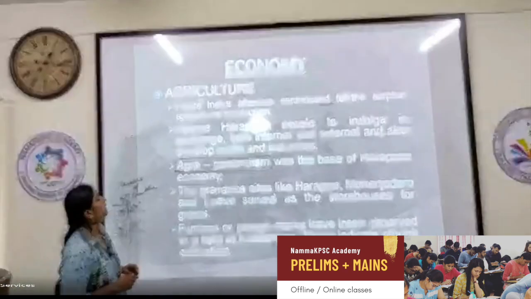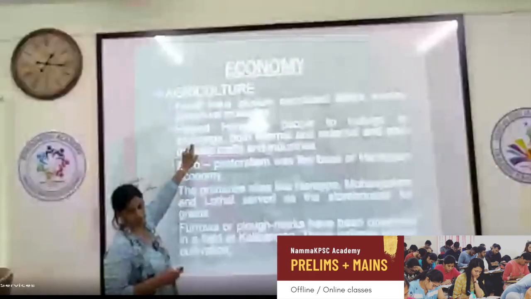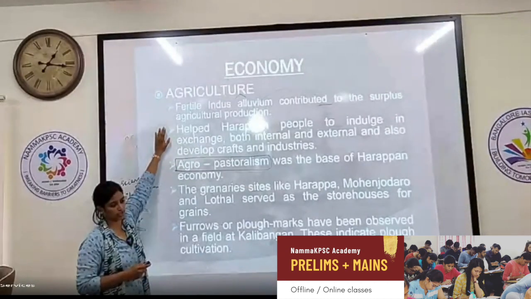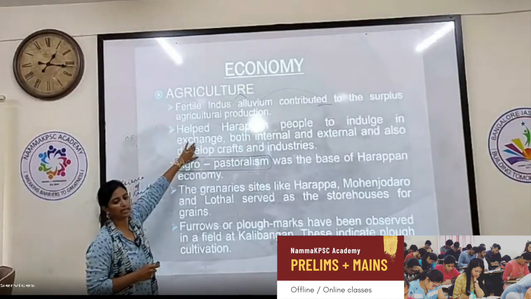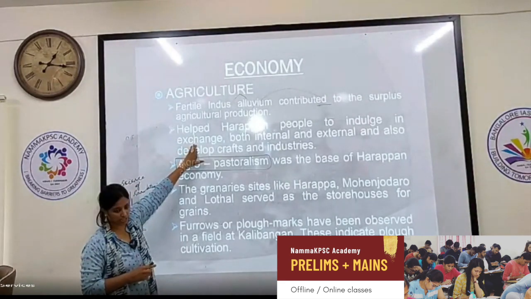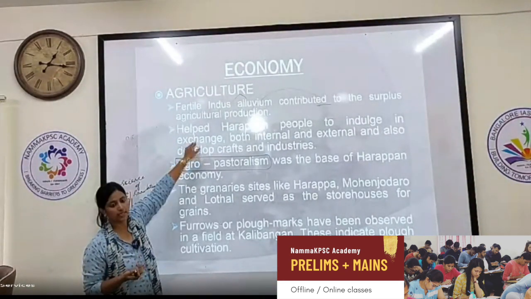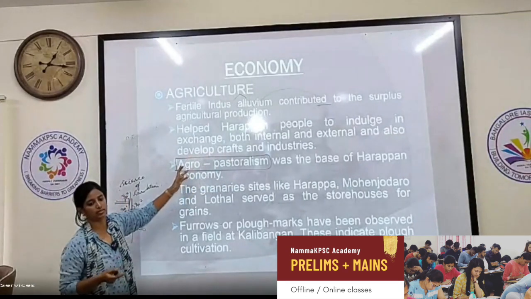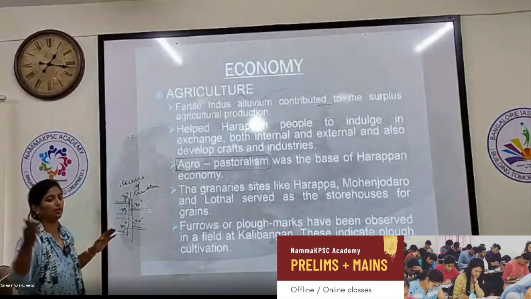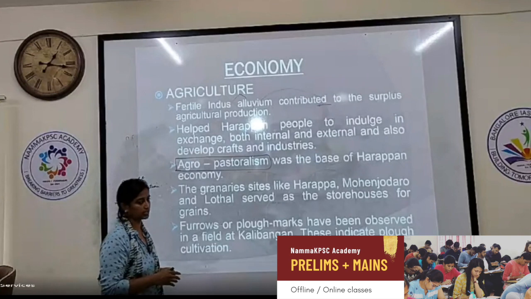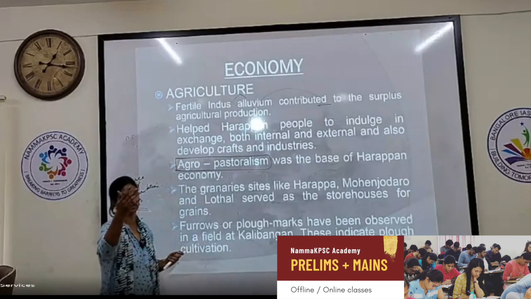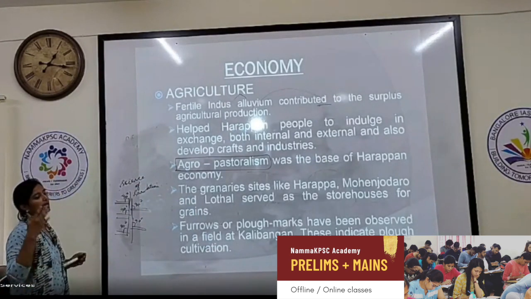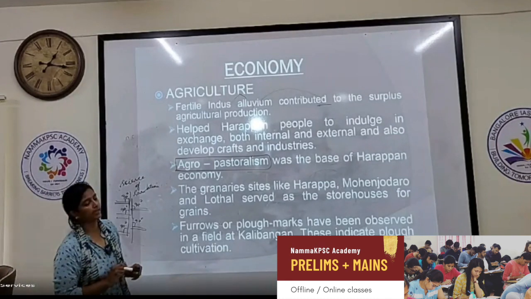That surplus production enabled the Harappan people to engage in exchange. Exchange means trade, both internal and external. Internal means within the boundaries of the civilization itself. Wherever there was need, they could trade, and they also sold to outside people.